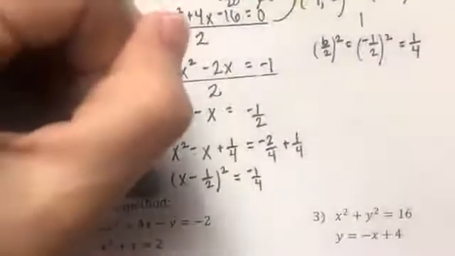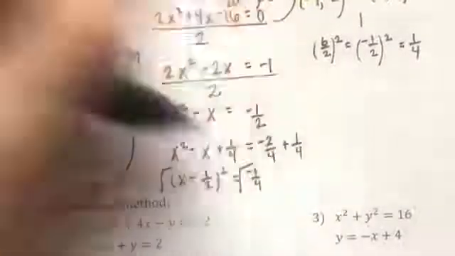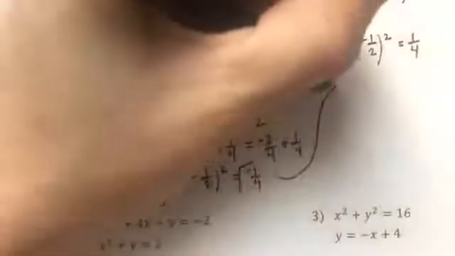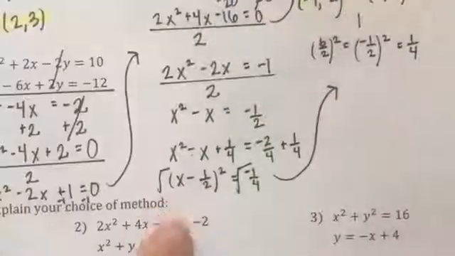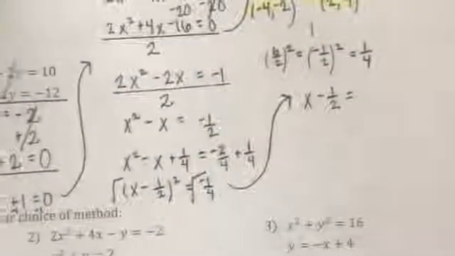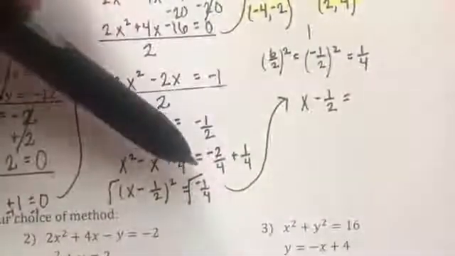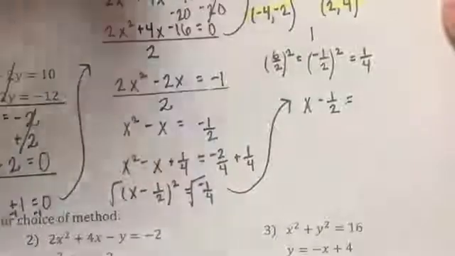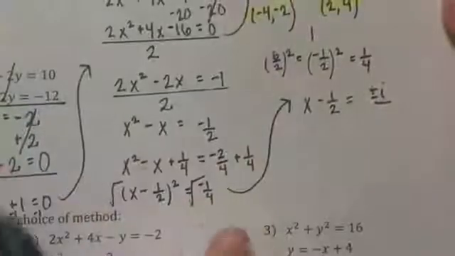And then you can square root both sides. So when I square root both sides, x minus 1/2 is what I have on the left. And then the square root of negative 1/4, the square root of negative 1 would be positive or negative i, over the square root of 4, which is 2.